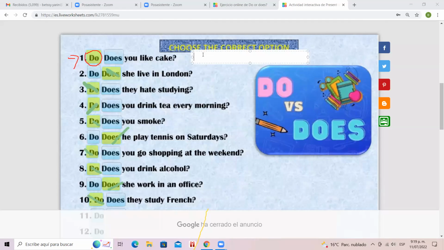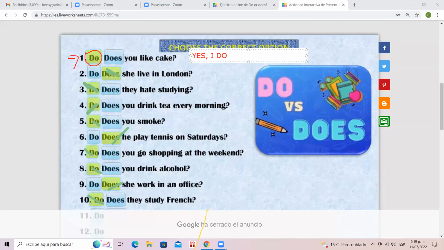For example, in this, we have to answer in affirmative form. Okay, I'm going to write the answer to the first one. Does she like cake? Okay, I can answer like this. Yes, I do. Yes, very good. Yes, I do.